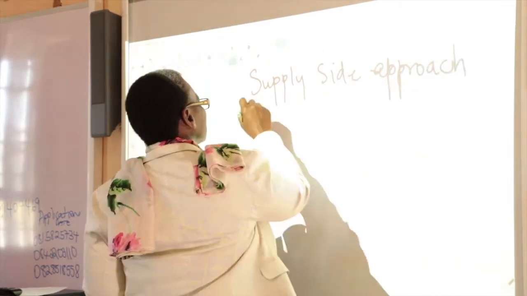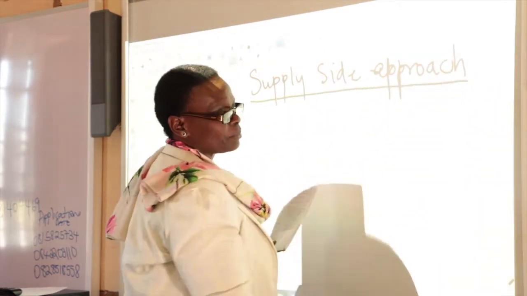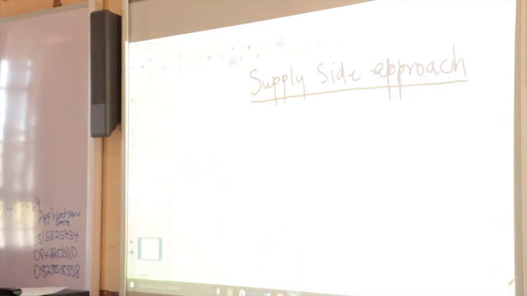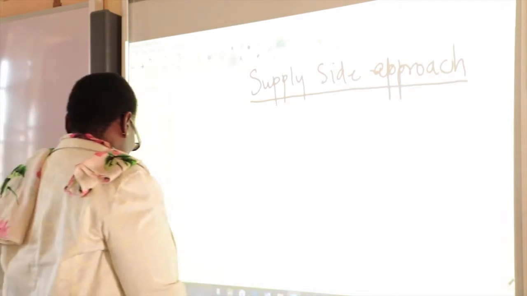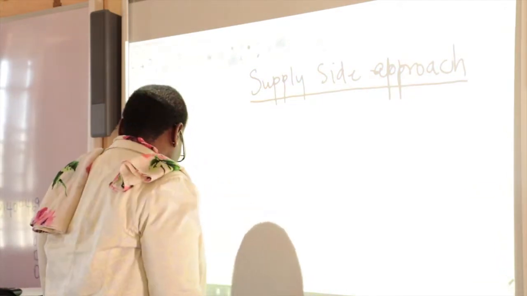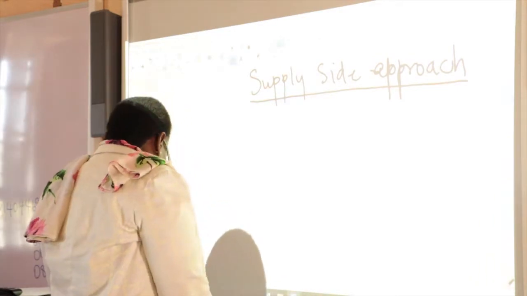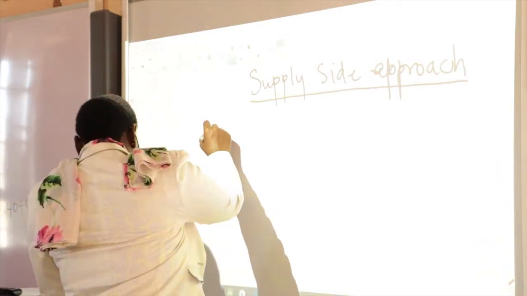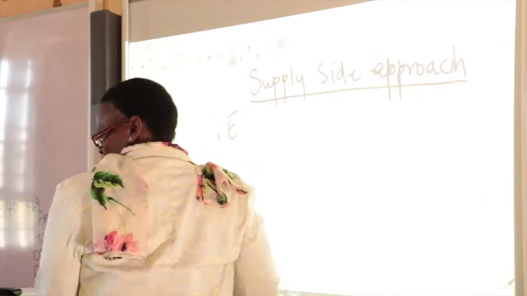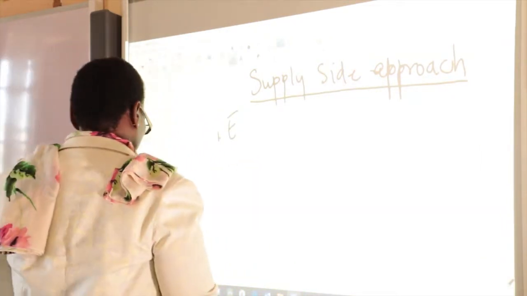So in other words, now we are trying to manipulate the supply. Firstly, we manipulated the demand. Now we want to increase the supply in the economy. Now, firstly, we look at efficiency and effectiveness.